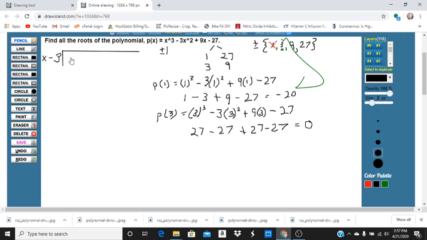Okay, so we're going to divide x cubed minus 3x squared plus 9x minus 27.